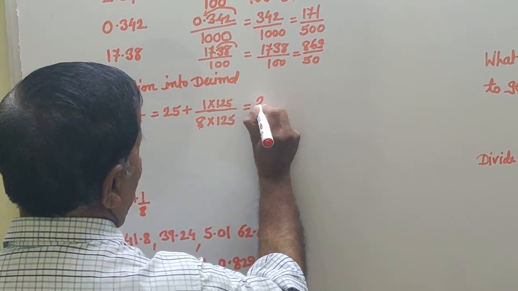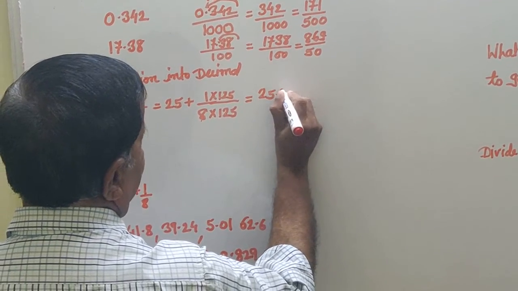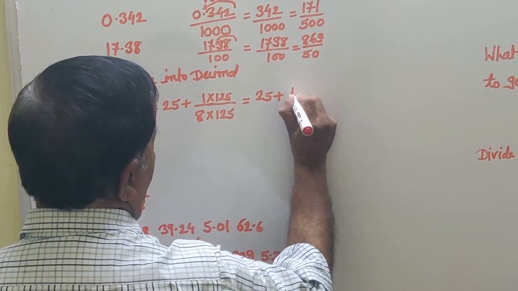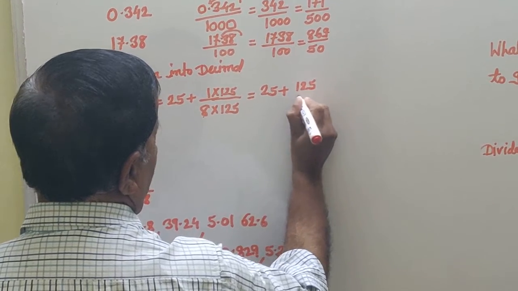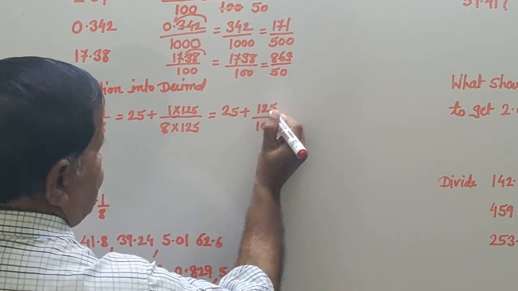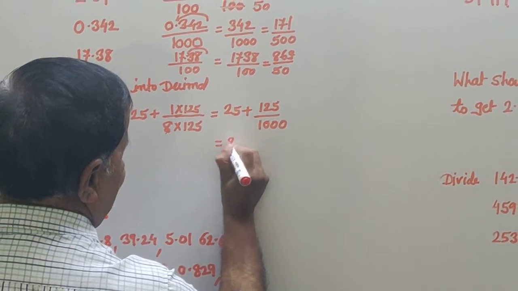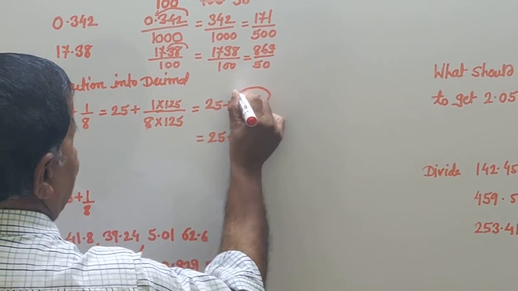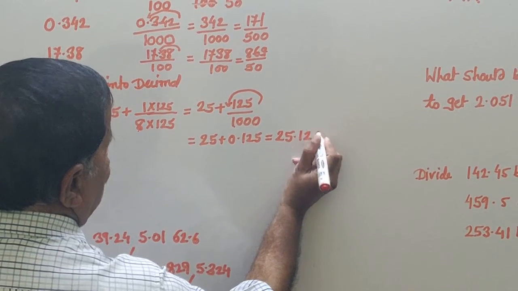This means making the denominator 10, 100 or 1000. Okay, now this will be 1000. Now this can be written as 25. Zeros are there, therefore the decimal is 0.125.